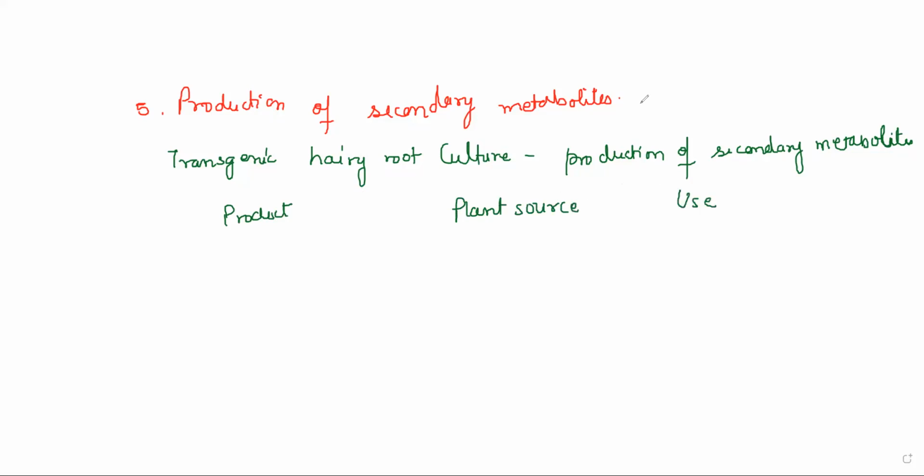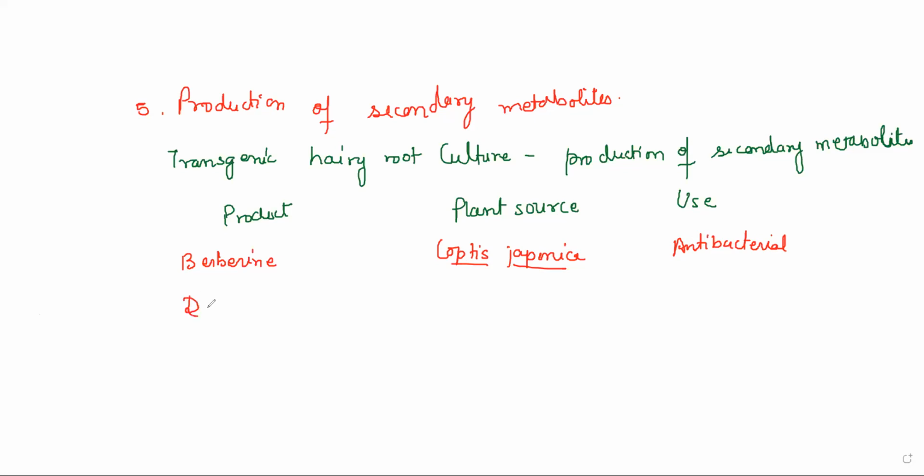If I have a product called berberine, the plant source is Coptis japonica, and it is used as an antibacterial.